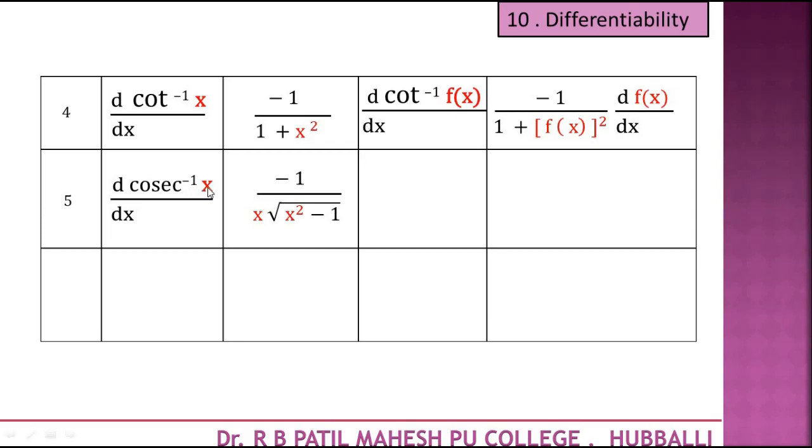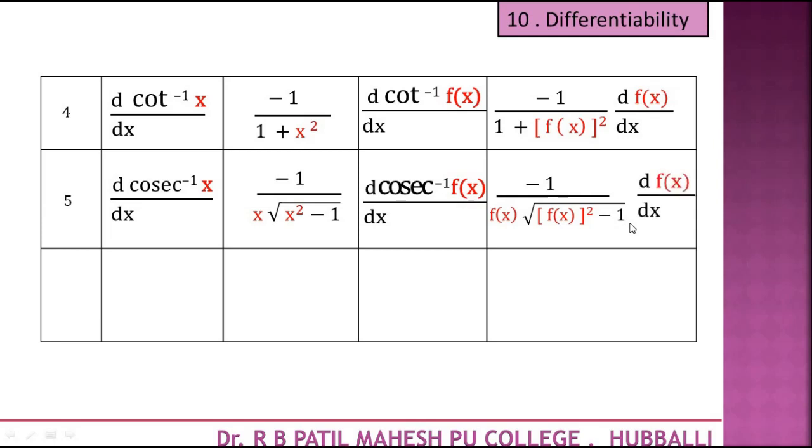Listen here, this variable x is written here, into root of the square of the variable minus 1. If it is composite, that is cosec inverse f of x, then it is given by minus 1 divided by f of x, where we had x, now f of x, into root of the square of the function minus 1, into d by dx of f of x.